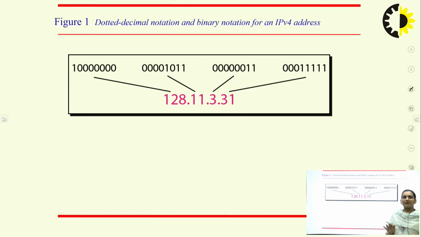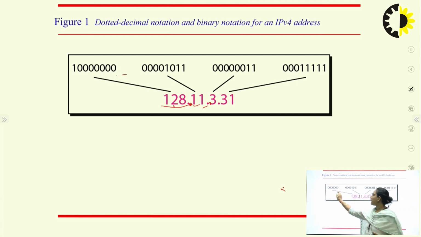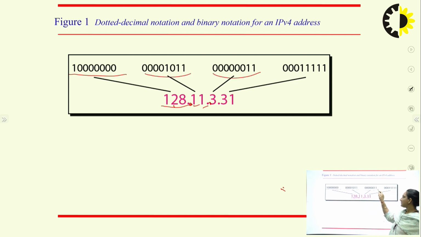This is a representation of an IP version 4 address, in dotted decimal notation. We have four parts, and each part is 8 bits long.